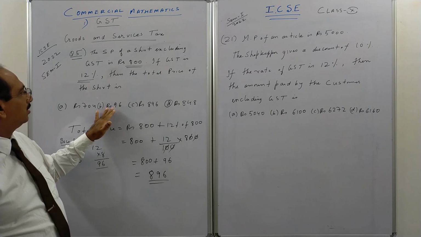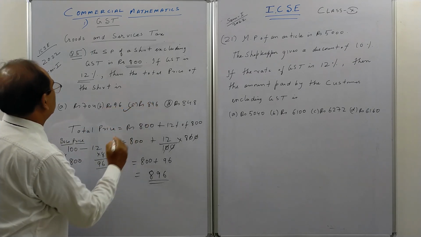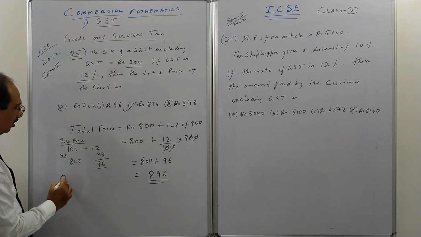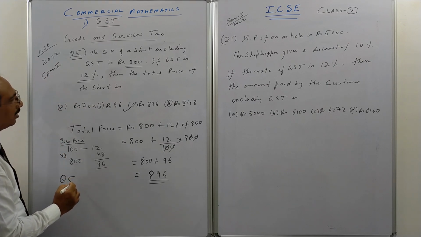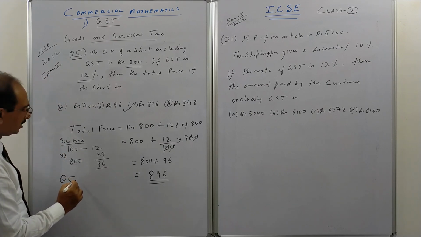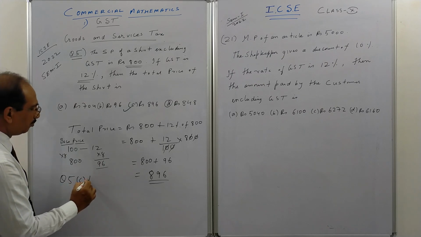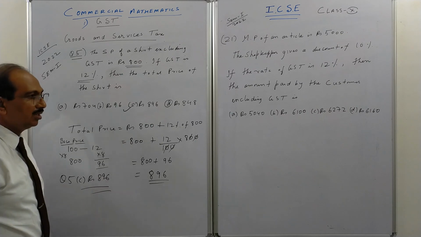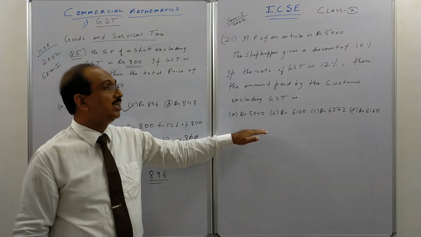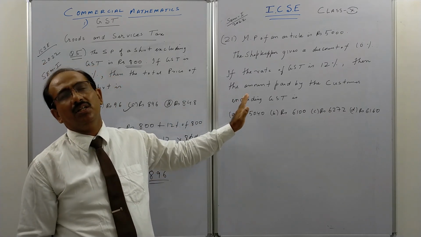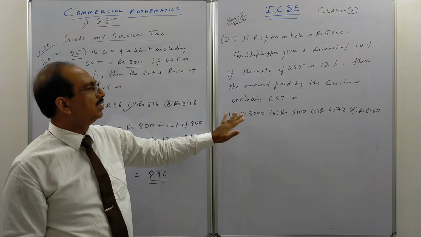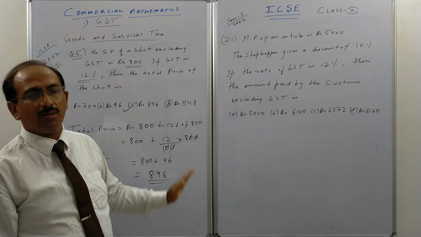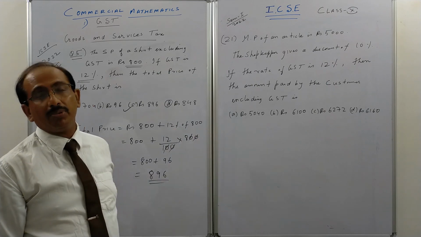And the correct answer is C. So the answer you will write, this was the 2022 paper, question 5, C, rupees 896. Okay, so let me solve this, then I'll tell you how you can get this question on the official website of the ICSE. You can get all these specimen papers and real papers, in fact solved papers also.